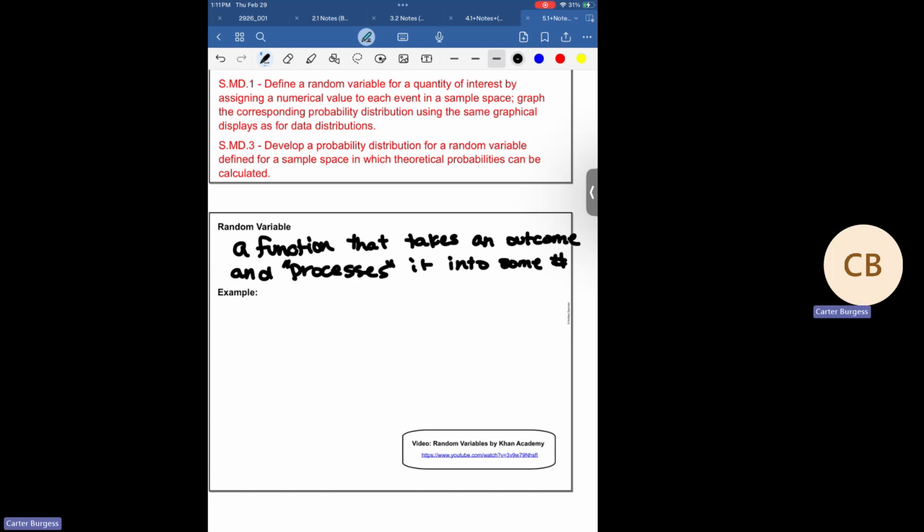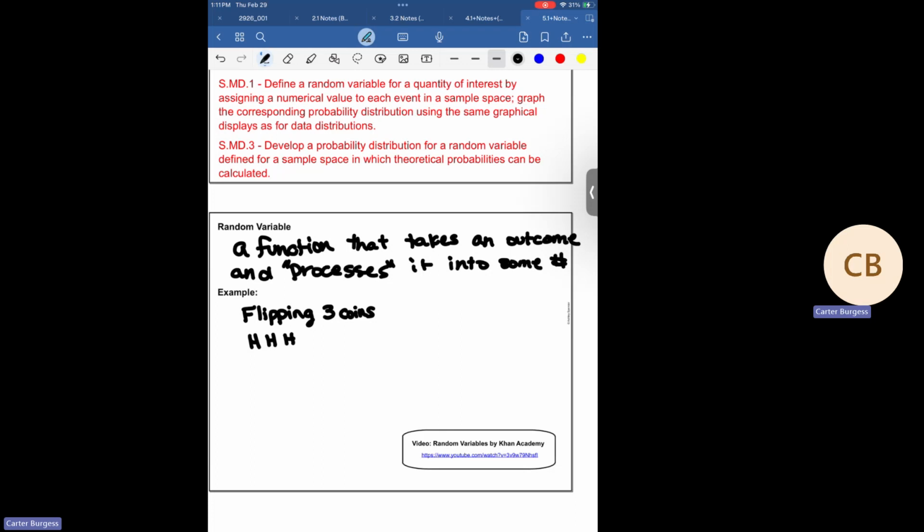Fantastic. So the outcomes themselves are not particularly friendly to be used. They're a little bit strange, and often what we will want to do is take an outcome and gain some valuable information from that particular outcome.